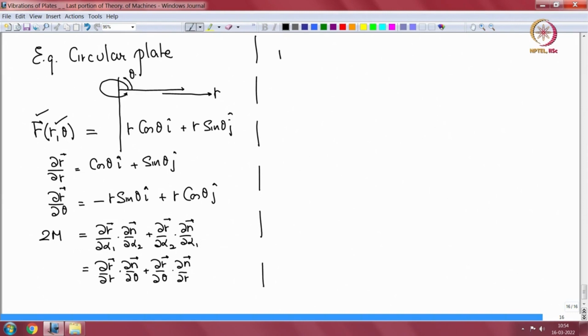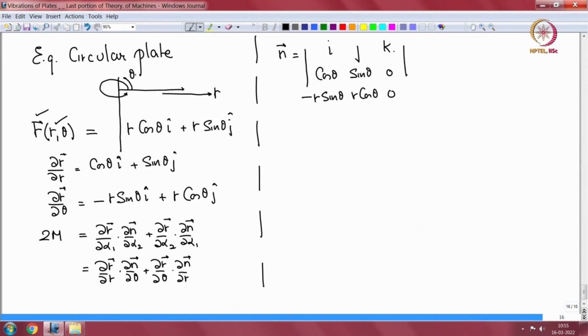So what is n? We have to do a cross product: i j k; cos theta, sin theta, 0; minus r sin theta, r cos theta, 0. Okay, we have to do a cross product.